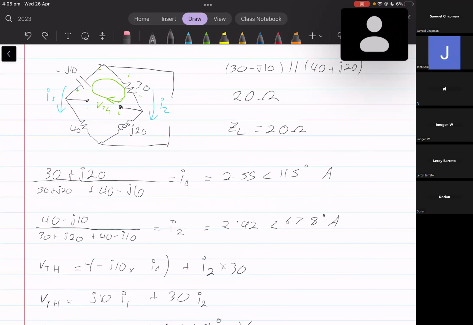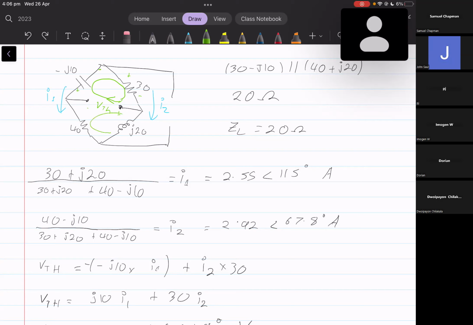So for VTH, we're trying to find the voltage at these nodes, right? And is this ground at the bottom? Why was it this times the current instead of this one times the current? So this is using KVL, but in a loop it always adds to 0. I'm treating this part as the loop.